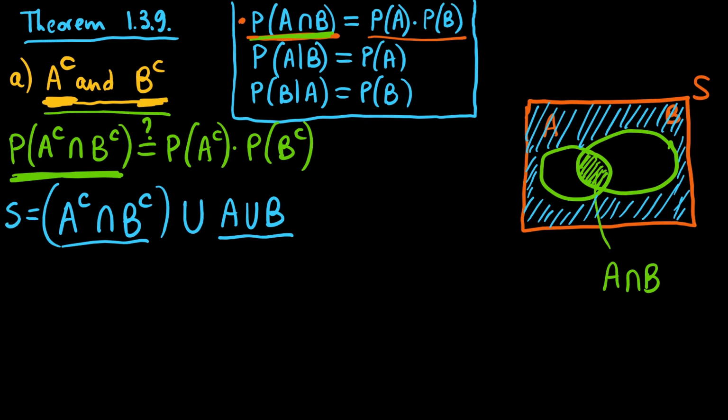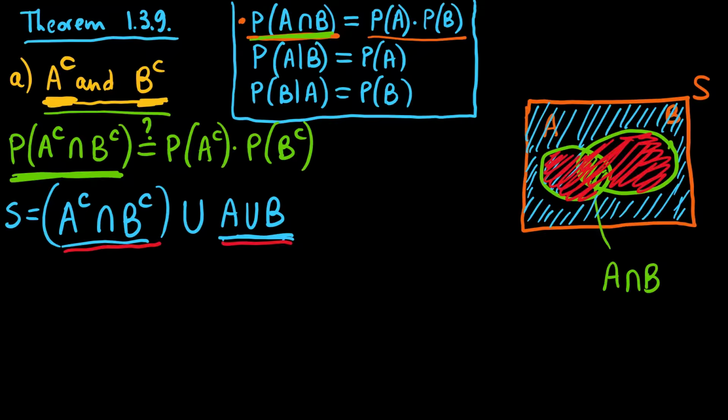A union B would cover all the points inside here, and then what's outside is the complement of A intersection with the complement of B.